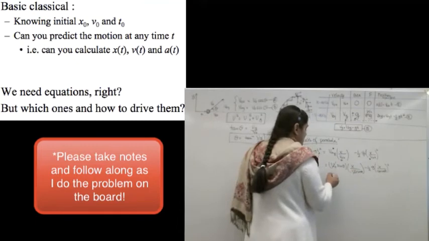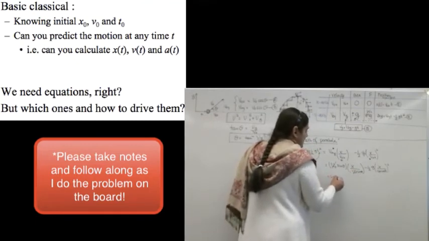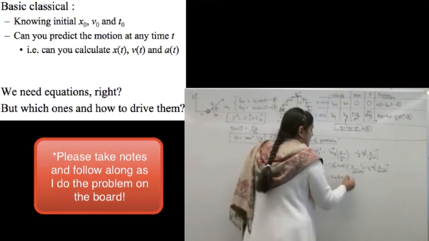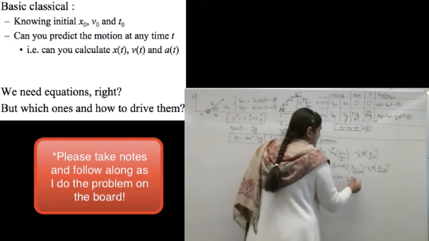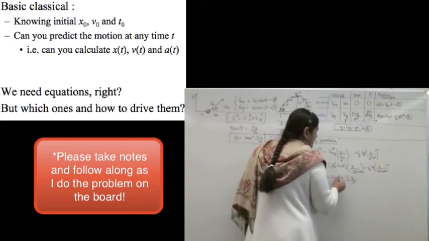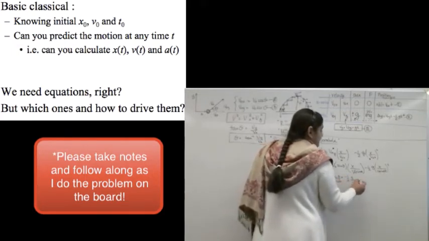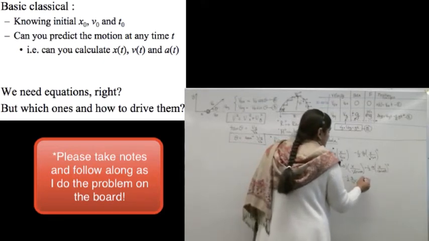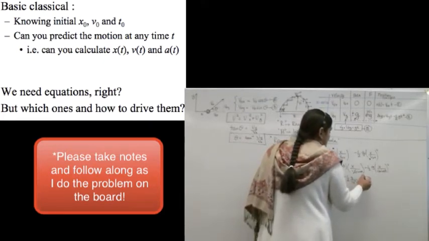The v0s get canceled, and I get sine theta x minus a half g over v naught squared over cosine theta times x squared.